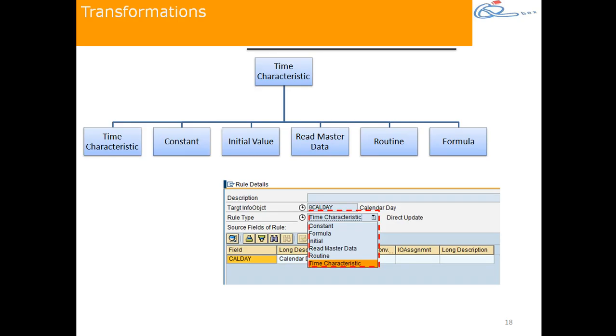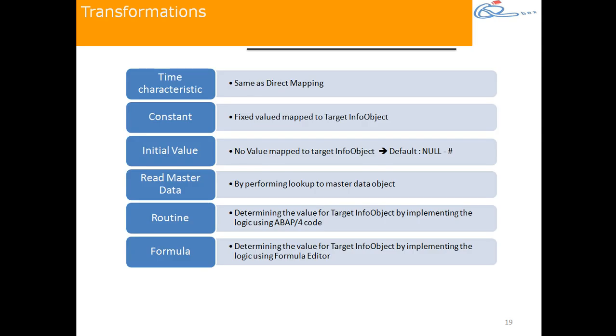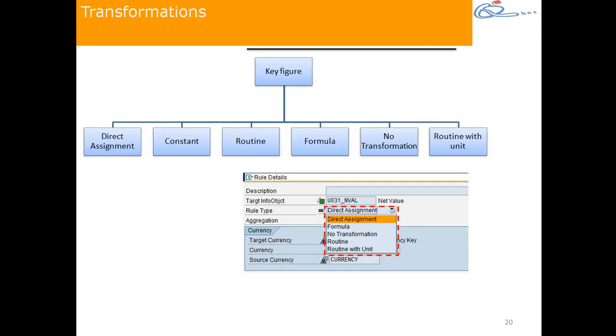Now next, let's go with key figure. Okay, boss? And it is the same, except time characteristic, which is the same as direct map. The only thing is when you map data from a lower level time characteristic to a higher level, we refer to that as direct mapping, and it does automatic conversions. You don't have to write any logic here. And it does automatic time conversions provided they are time characteristics.